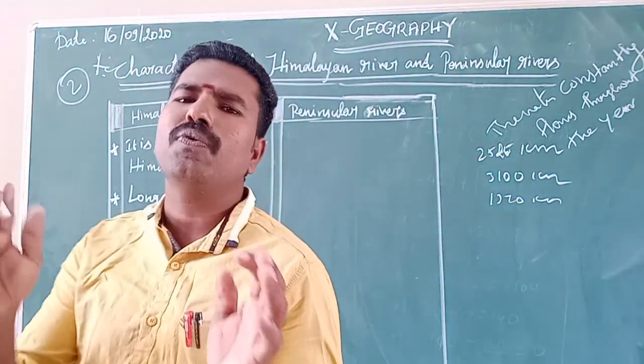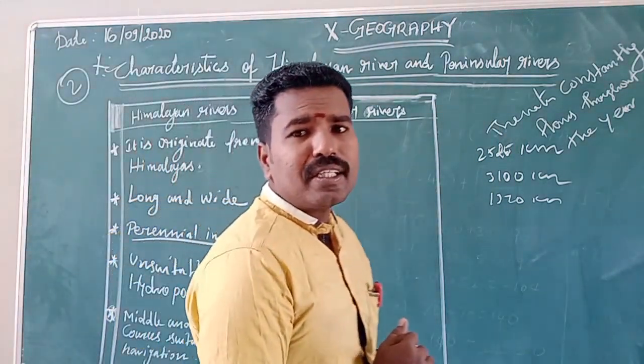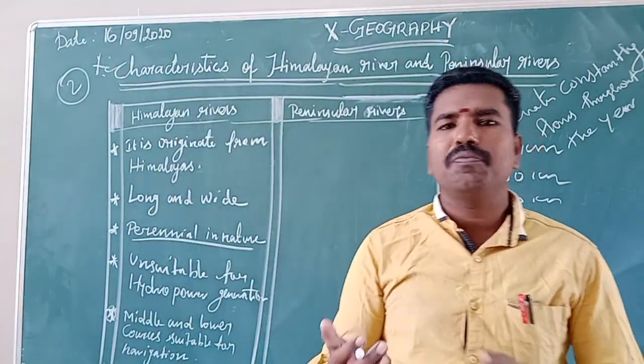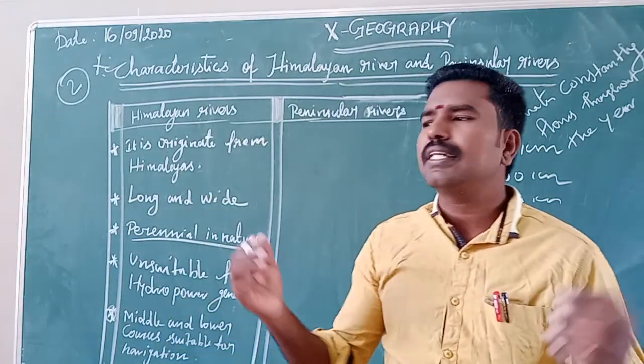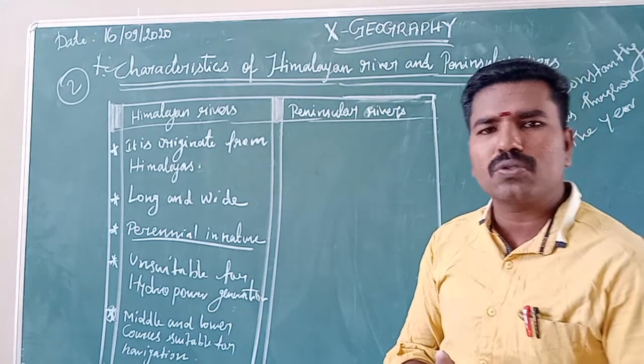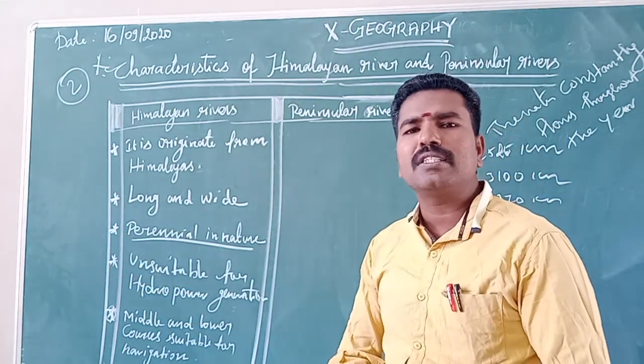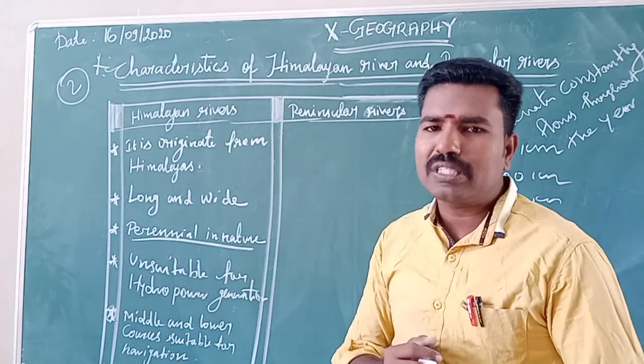are suitable for navigation because those who are cultivating crops like wheat, sugarcane, maize, jute, or any crops including paddy along the river bank do not have road facilities.